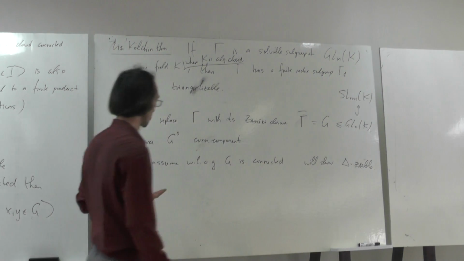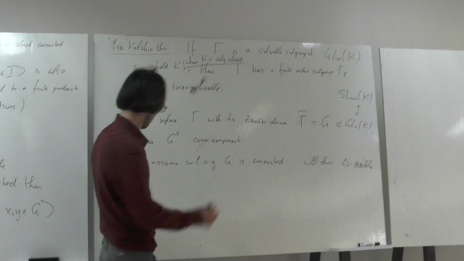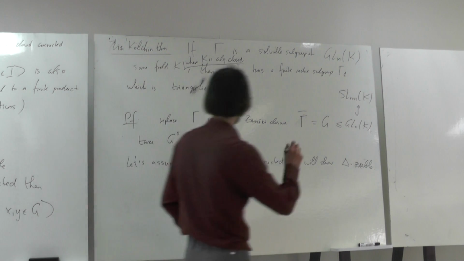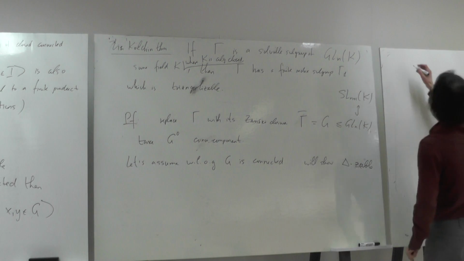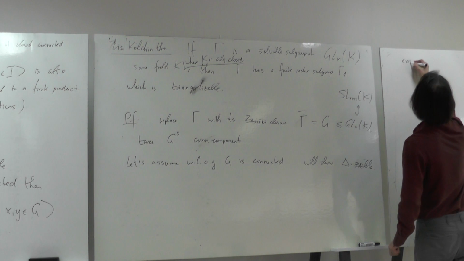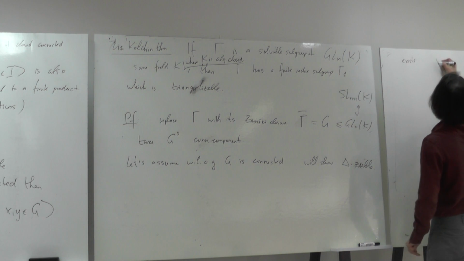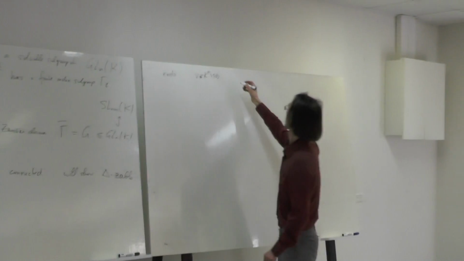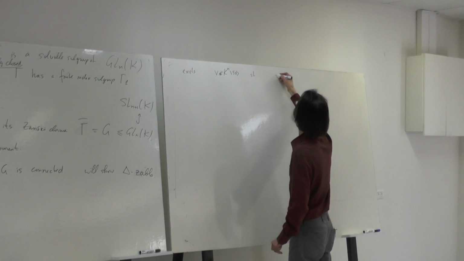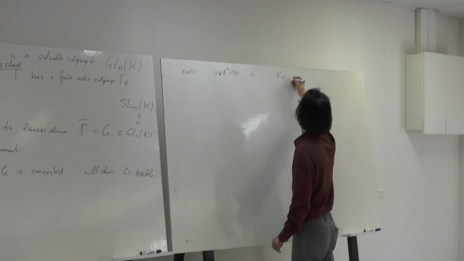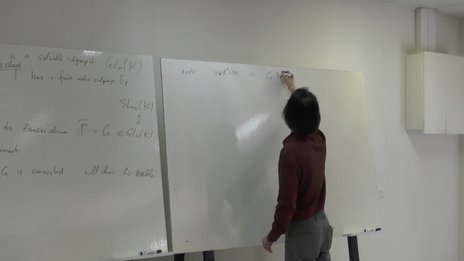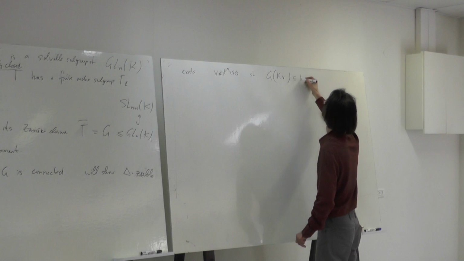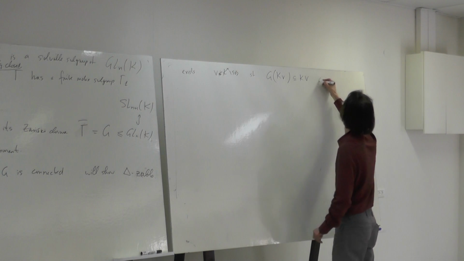Now we prove the following statement by induction on the derived length. We prove that there exists a non-zero vector v in K^n, such that the one-dimensional space Kv is invariant and stabilized under G, that is, a common eigenvector.